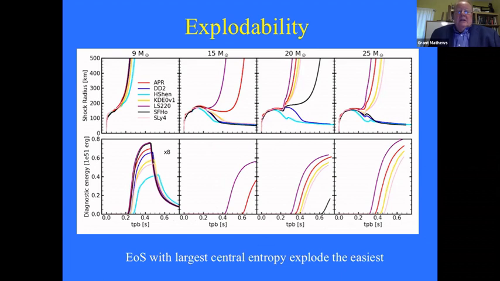Although there are many factors involved, the strongest predictor of which stars explode is the equation of state with the highest interior entropy, that is the heating per unit temperature, and it comes from how soft the equation of state is, how efficient it is at neutrino scattering in the core. A little bit of a surprising result.